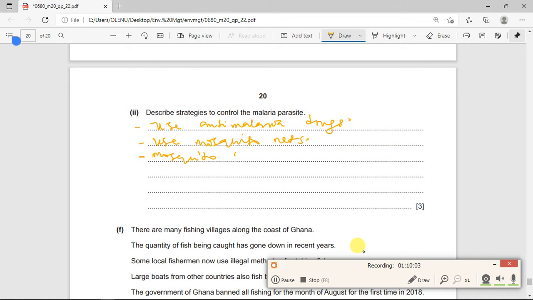You spray insecticide. Now you drain stagnant water. You can use biological vector control.